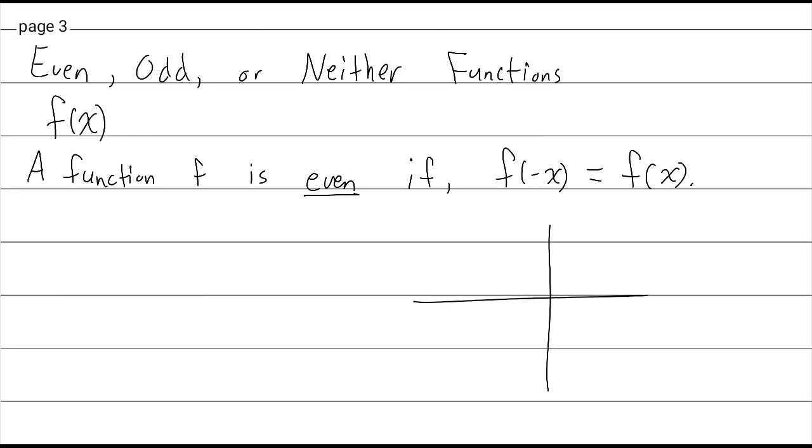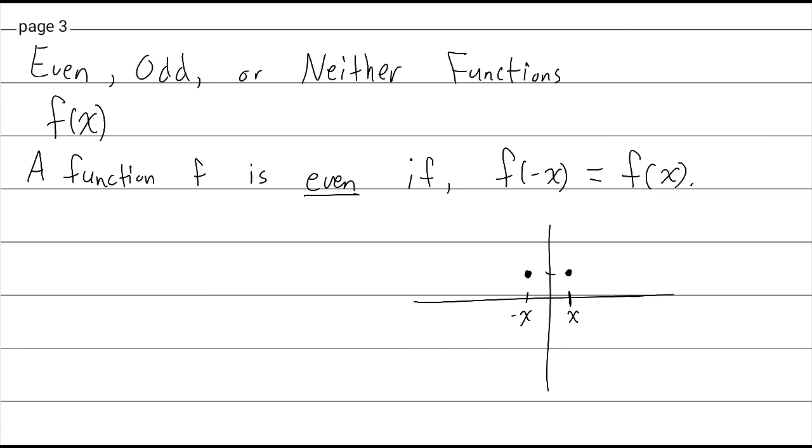Well, if I look at a graph here, so let's say this is x, and let's say you get a point right here. So you plug in a negative x, and you got a point right here, right? The same point. Changing the x to negative doesn't change the point. And it does that for the whole function.